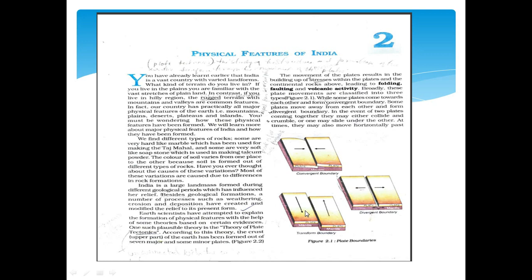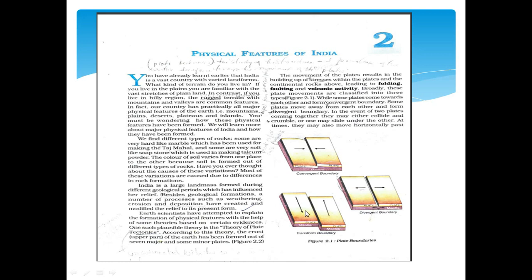So the plates of the earth had different movements in different directions. The movement of these plates results in the building up of stresses within the plates and continental rocks above, leading to faulting and volcanic activities.